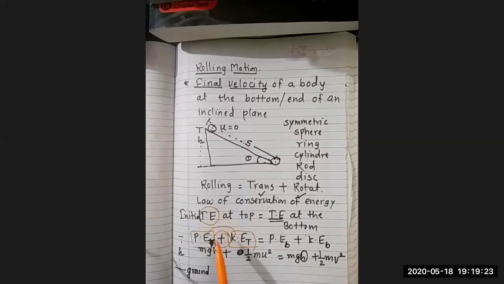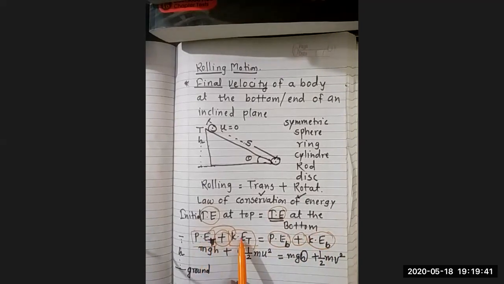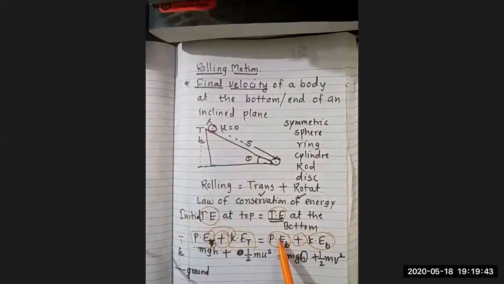So total energy at the top is equal to potential energy at the top plus kinetic energy at the top. The total energy at the bottom, or the final total energy, will be equal to potential energy at the bottom plus kinetic energy at the bottom, and we place the values of potential energy and kinetic energy at the top and at the bottom. That is a simple kind of derivation we have here.